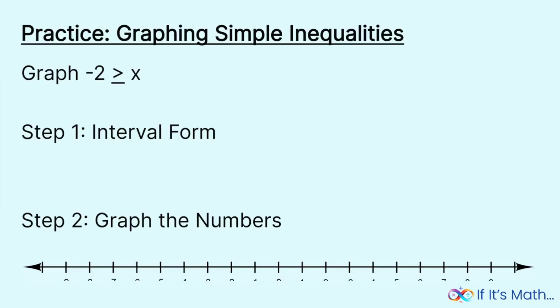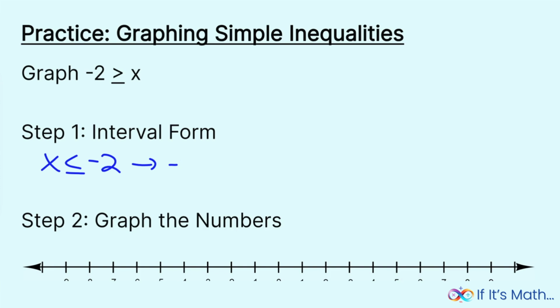So next example, let's look at negative 2 is greater than or equal to x. To get this into interval form, first thing we're going to do is get it into the less than direction. So x is less than or equal to negative 2. So that's going to turn into negative infinity. Let's try that again.